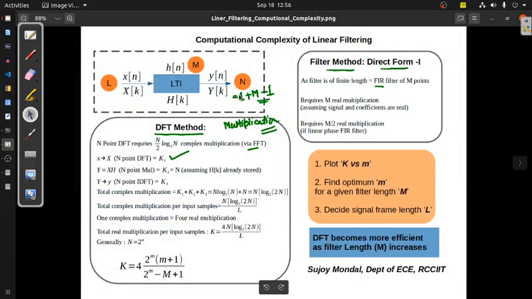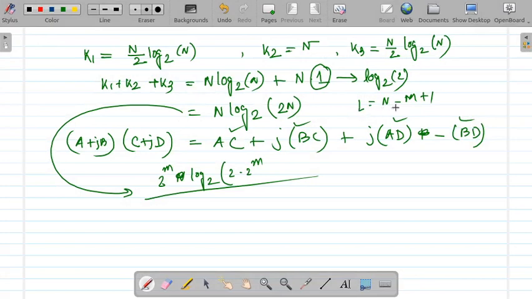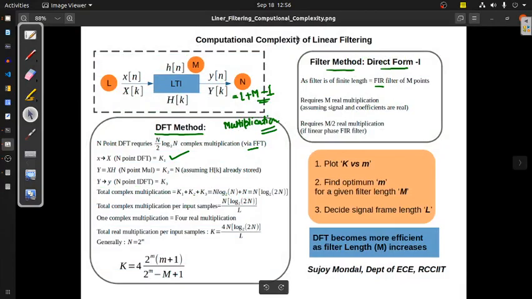Already we have seen L equals this, so n equals L plus m minus 1. So now if we go back, L equals n minus m plus 1, so this is equal to 2 to the power m minus capital M plus 1. So that's why the number is something like that.